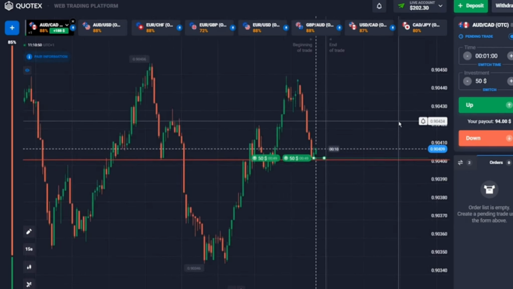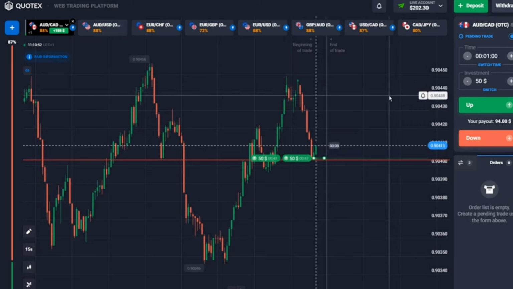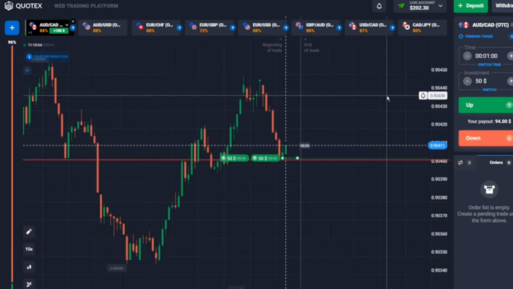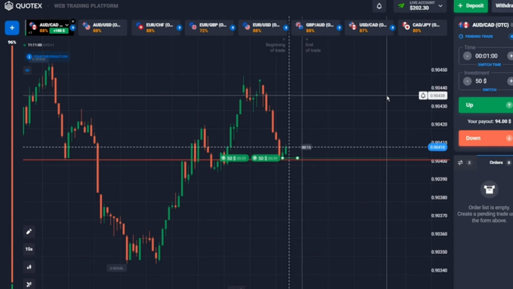When I identify either the support or resistance level, I make sure to enter the trades exactly on the level to avoid losing trades in case of broken support and resistance levels.